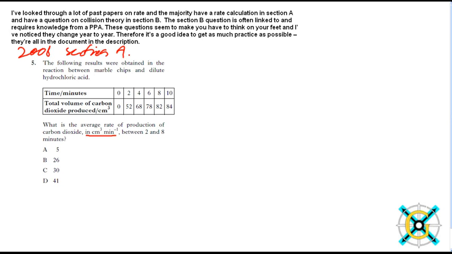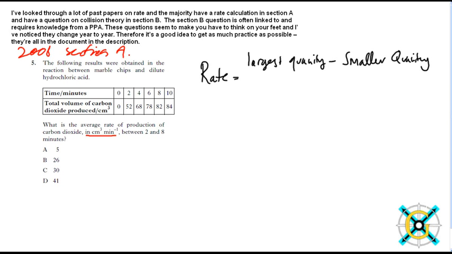8 minutes? So the first thing to do is to write the rate equation, which is rate equals largest quantity minus smallest quantity divided by time interval.